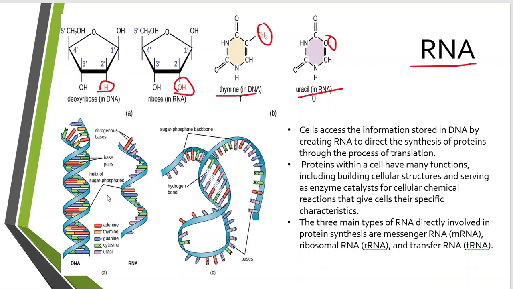And so if we need to use him as a recipe book, a cookbook, to make a protein, then what we have to do is make a copy of that DNA, and then that's what goes and gets with the ribosomes and makes the protein. Again, all of this should be reviewed from A&P 1 for you guys, and I know all of you have had to pass A&P 1 in order to be in this class.